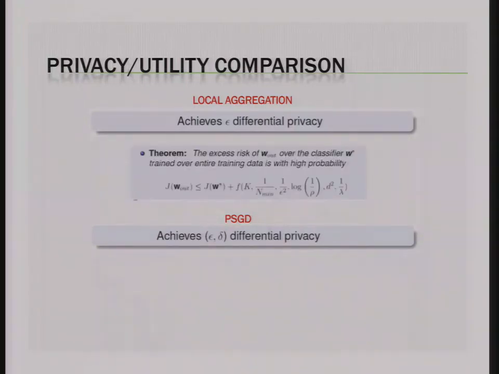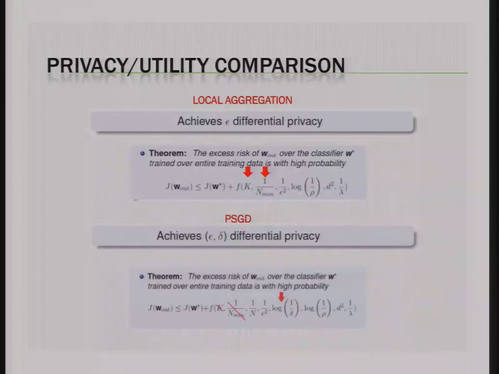However, if you look at the utility guarantees, the excess risk of the output that you release, W out, with respect to the best possible classifier that you could have got if you had used all the data points together, depends on two terms: K, the number of parties, and N min, the minimum number of data points with any particular party, which says that the skewness of the data distribution across parties makes the bounds weaker.